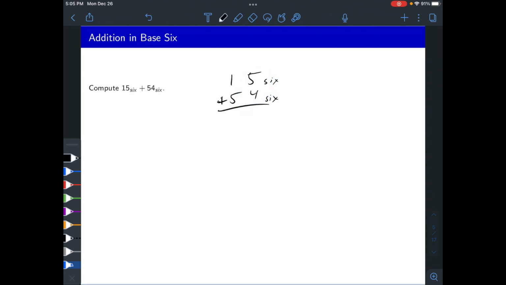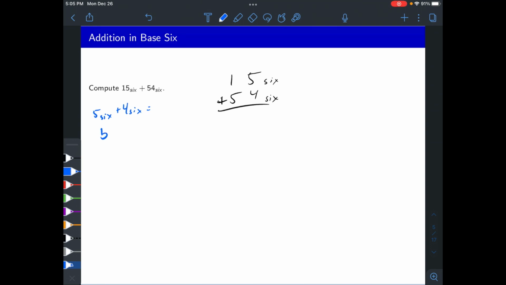So off to the side, you could do 5 base 6 plus 4 base 6. And again, you could either think of this in terms of counting, or you could do the make a group of 6 thing. So in base 6, we want to think of this as one group of 6 plus some number of groups of 1.